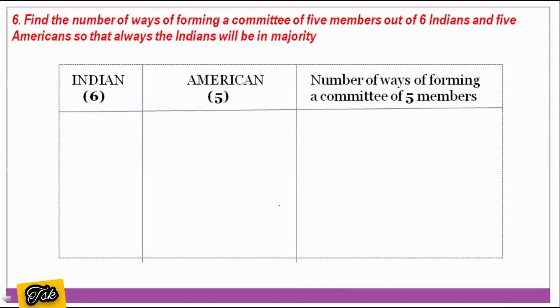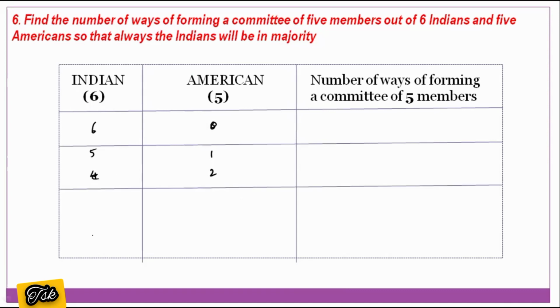Indians total is 6, and Americans 5. For a committee of 5 members with Indians in majority, I select 6 Indians and no Americans, 5 Indians and 1 American, and 4 Indians and 2 Americans. When you go for 3 Indians and 3 Americans, they are equal in number, therefore not possible. With 2 Indians and 4 Americans, Americans will be in majority. So these are the 3 ways. Is it clear? I'll do it like this.